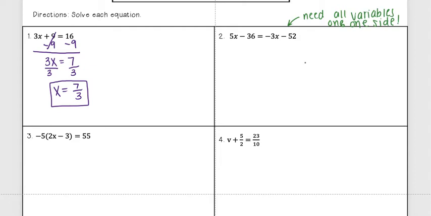What I normally like to do is move the smaller one first. Here I have 5x, and on the other side I have negative 3x. Negative 3 is smaller than 5, so I'm going to move that negative 3x. Again, I need to do the opposite operation. I see there's a negative in front, so that means I need to add 3x to both sides.